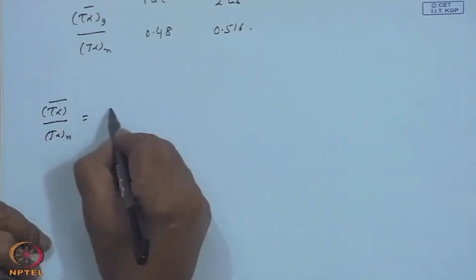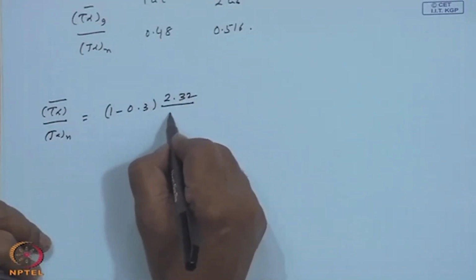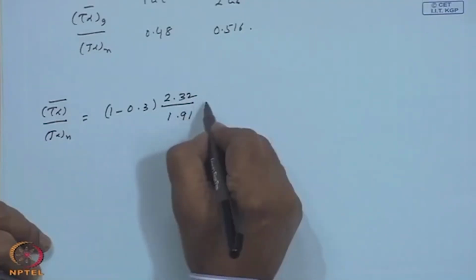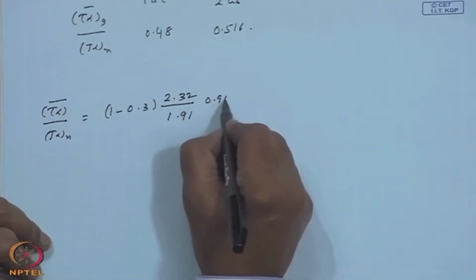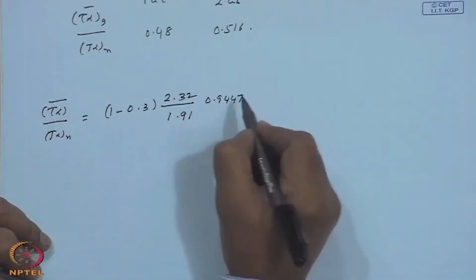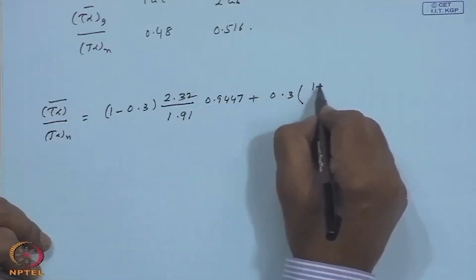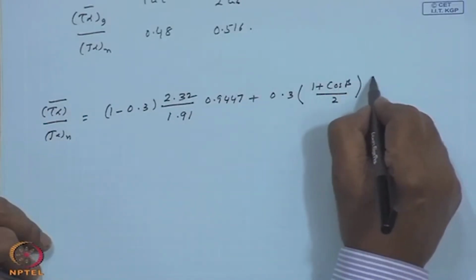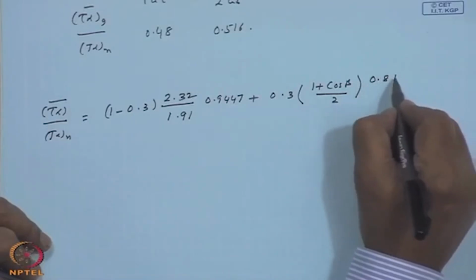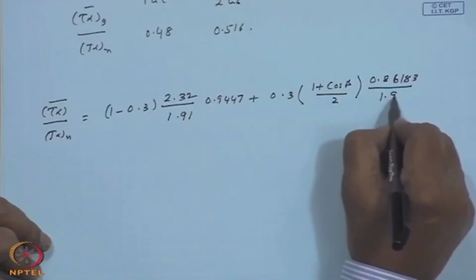So, if I plug it in the relation that we have written, tau alpha bar by tau alpha n is equal to 1 minus h d bar by h bar into r b bar by r bar, 1.91 times 0.94475 for two glass covers, plus 0.3, that is h d bar by h bar into 1 plus cos beta by 2 times 0.86183 by r bar 1.91.